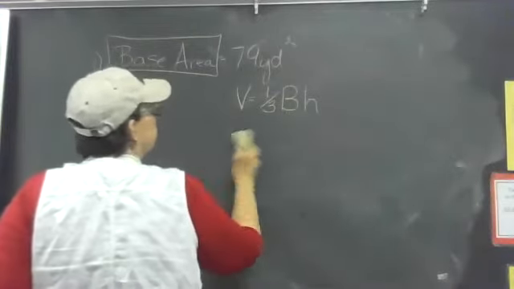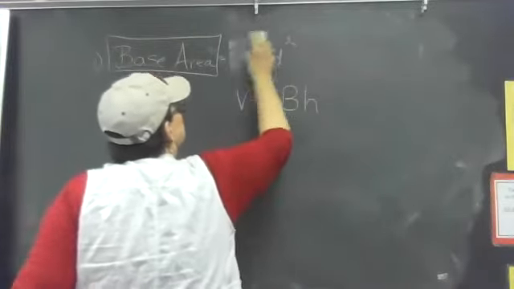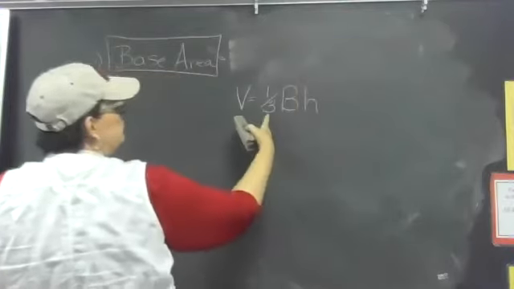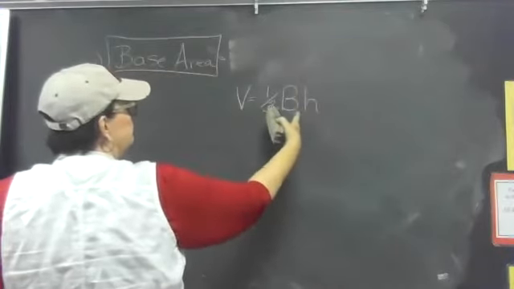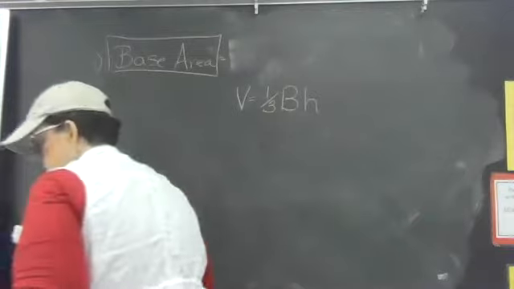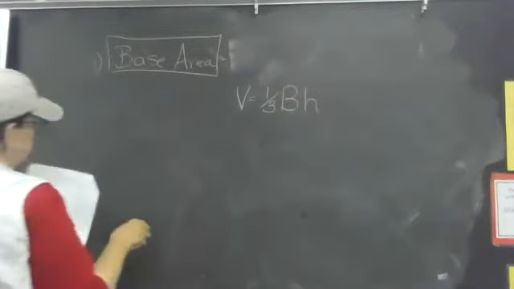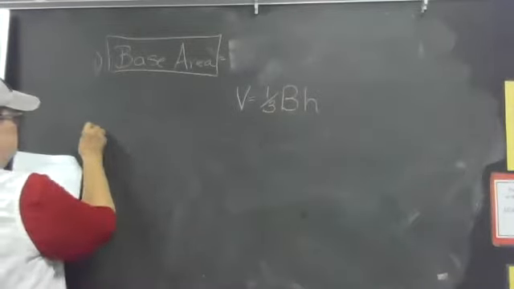You'll know the pyramid volume because it's 1/3 of a regular prism. It's 1/3. Okay, let's go.